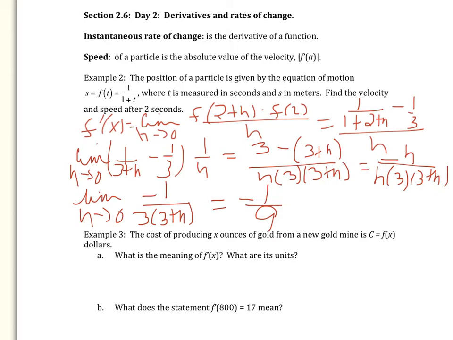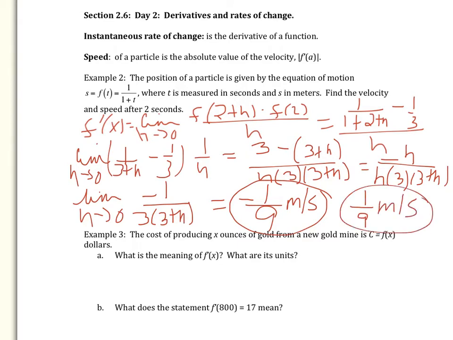So I know that my velocity is negative 1/9 meters per second. But because speed is the absolute value, I know the speed is positive 1/9 meters per second. Remember, the velocity gives direction and speed, whereas speed is just how fast I'm going, not concerning the direction.